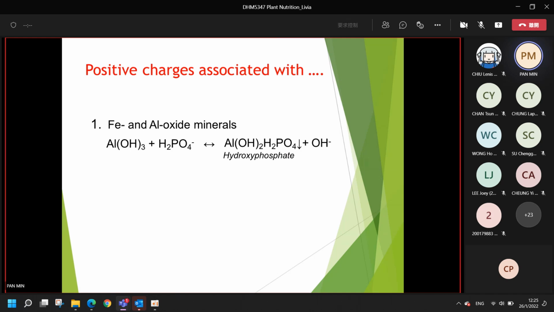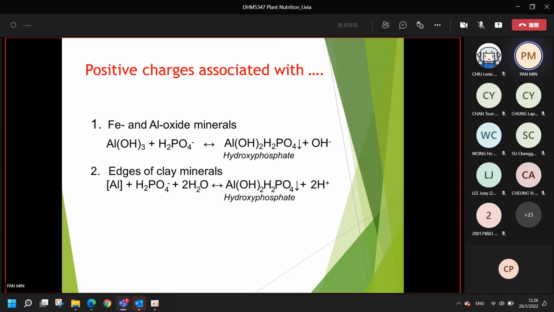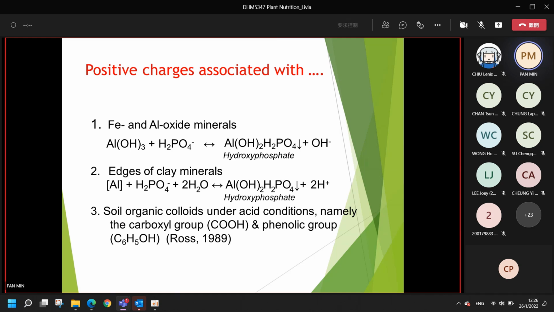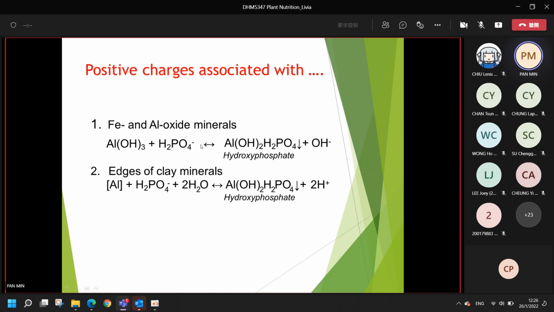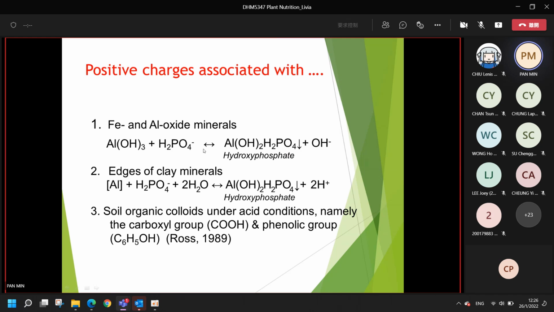And the positive charge is associated with different processes. You can see that the first one is aluminum and iron oxide minerals, and they will cause fixation of phosphorus.